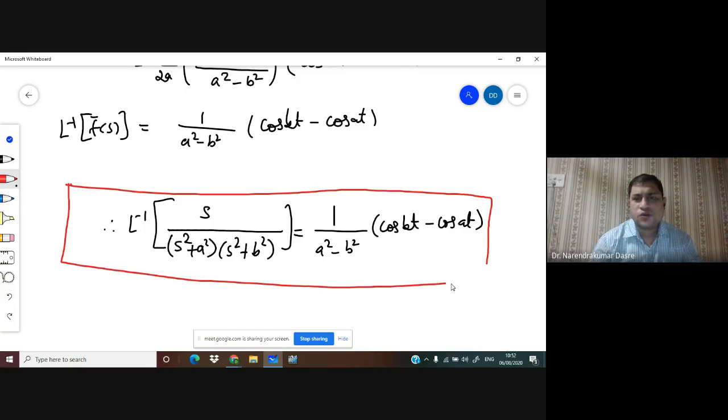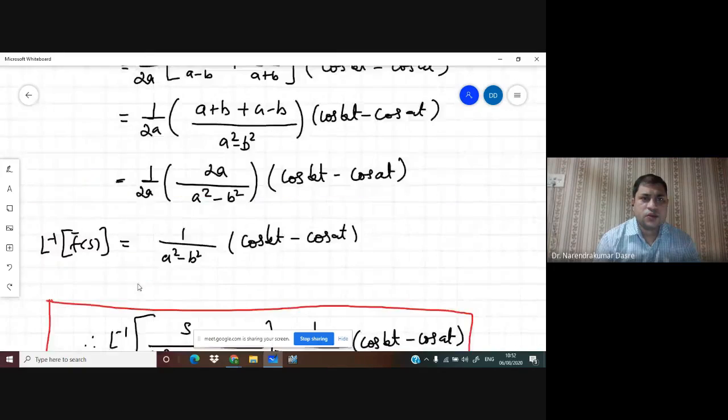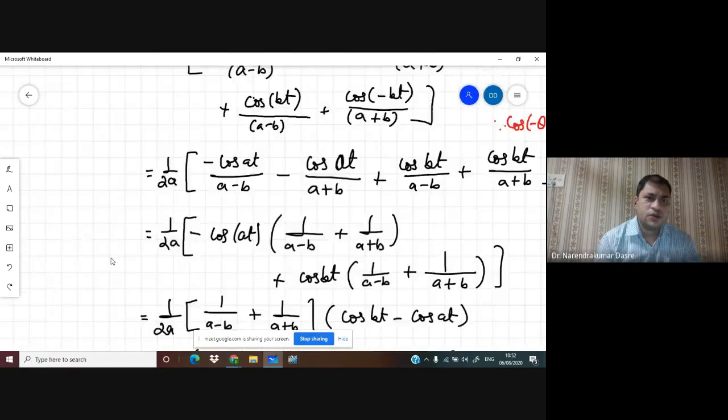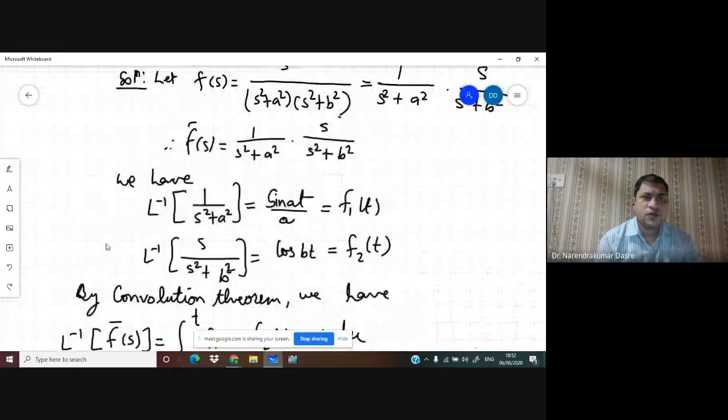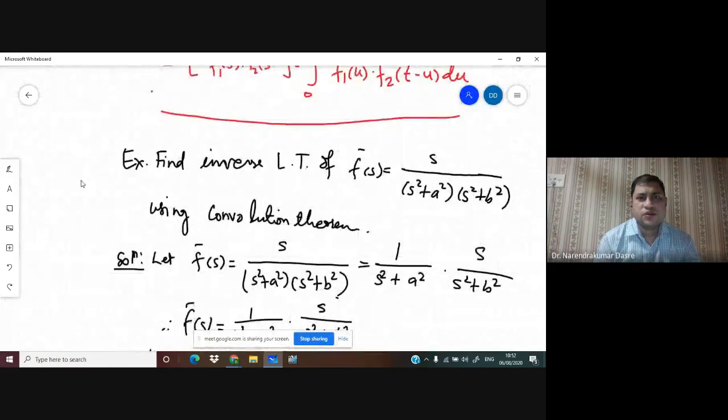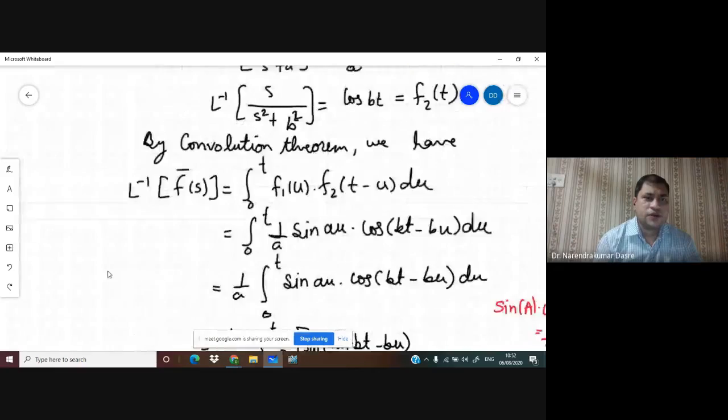This is what we are able to get. So we got this problem solved by using the convolution theorem.